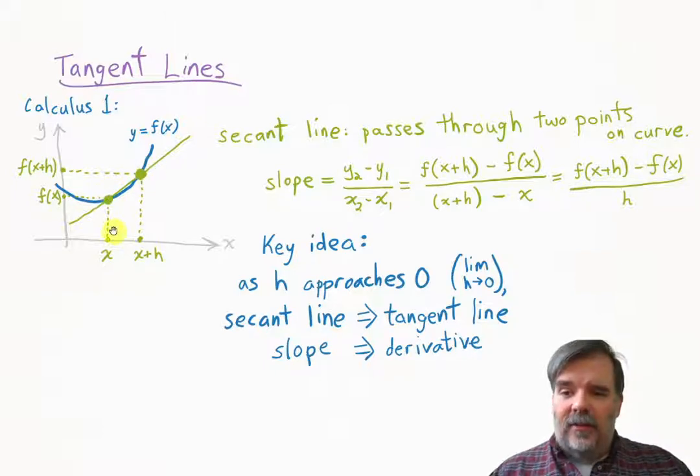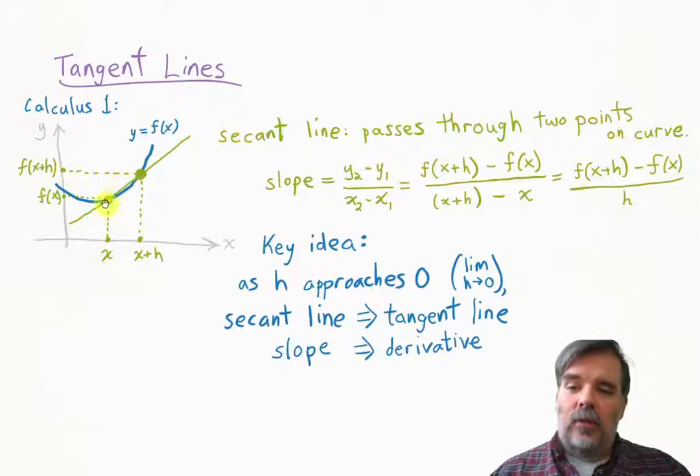Now, in this case, the 2 points we would calculate for a secant line, we'll call one of them x, so the corresponding y-coordinate will be f of x. And then the next point, x2, we'll just add some small number h to x. The corresponding y value will then be f of x plus h.